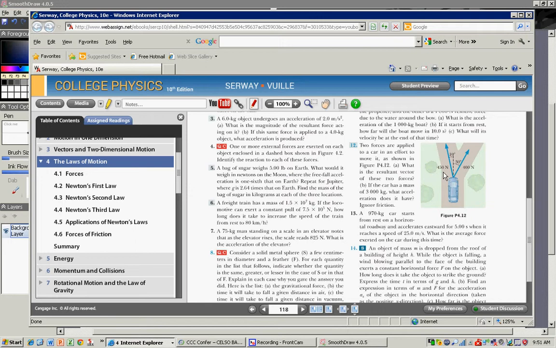I'm going to call that my y-axis. What is the resultant vector of these two forces? Now, if the car has a given mass, what is the acceleration? Forget about friction.